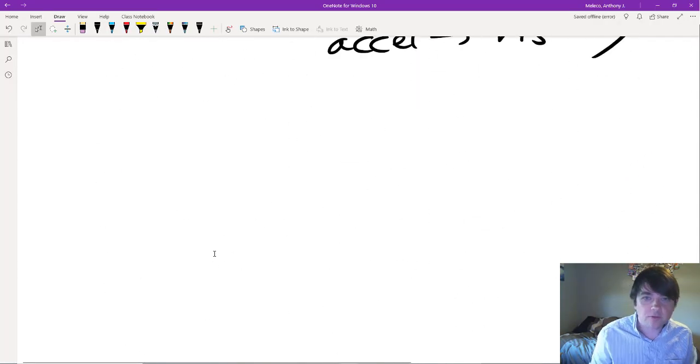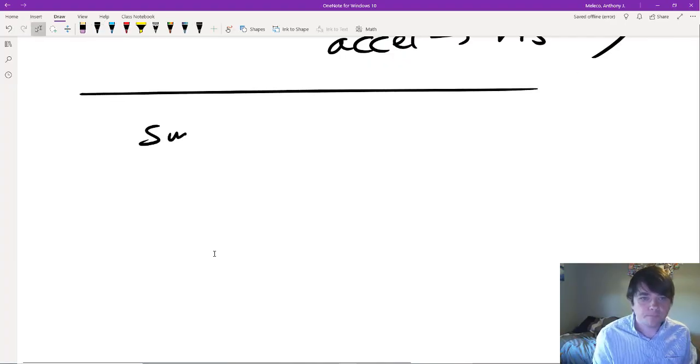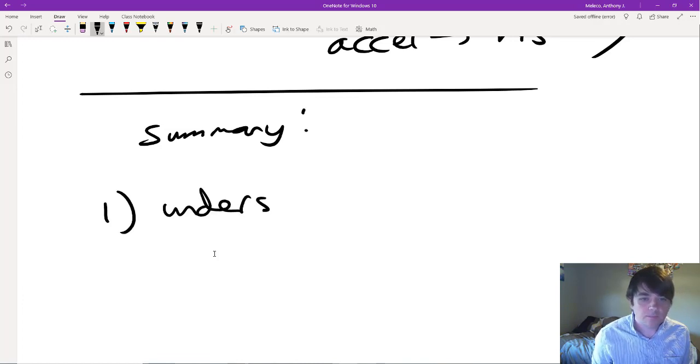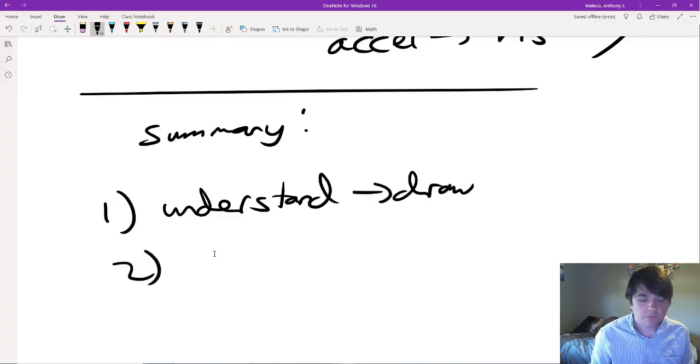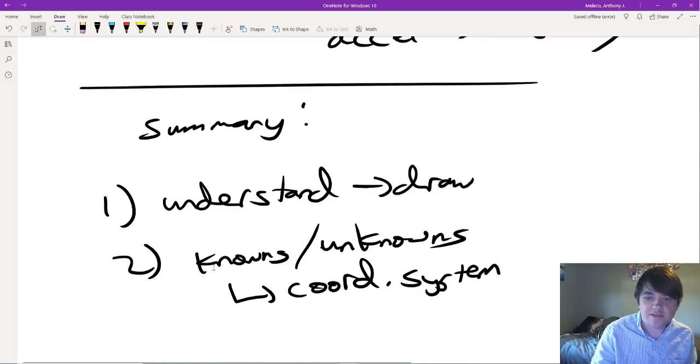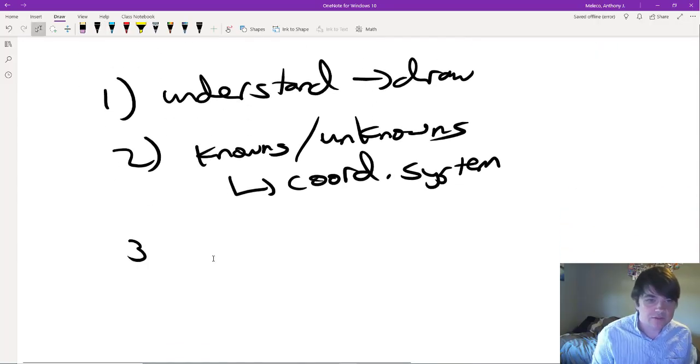So again, just a quick summary. Number 1, understand. And that comes with drawing it a lot of the time. 2, knowns, unknowns, and you would make your coordinate system here. If you don't make one, it's implied you're using the typical Cartesian system.